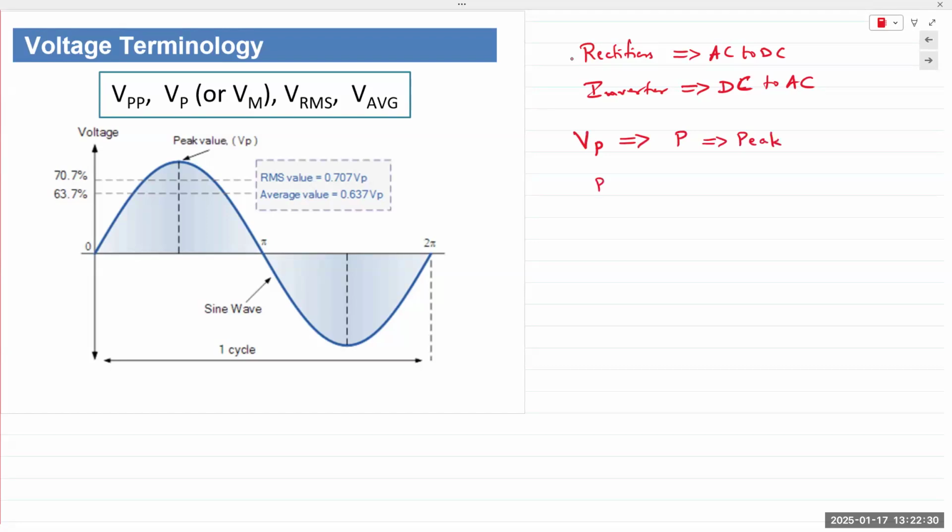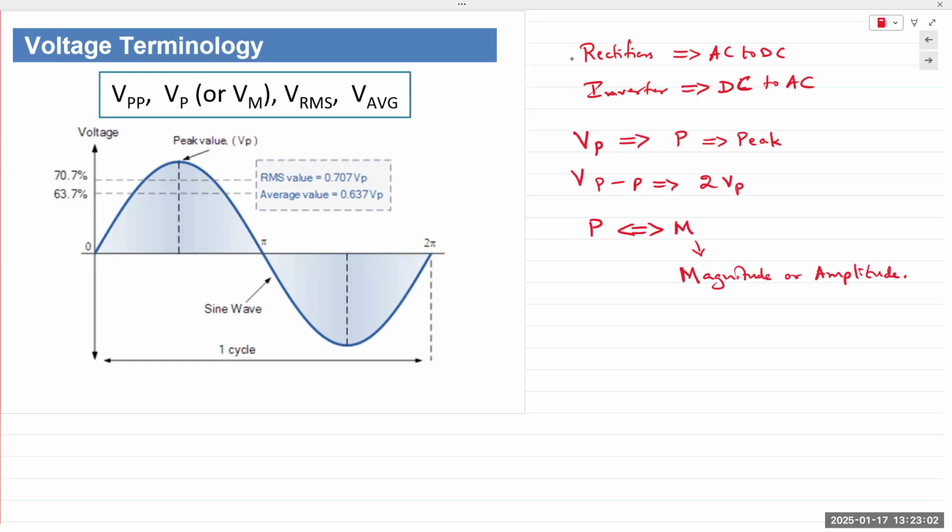And P-P is peak to peak, meaning it's 2 times peak. It also applies to current, IP and IP-P. Then P can also be referred to as M. And M is for magnitude, or even sometimes referred to as the amplitude.